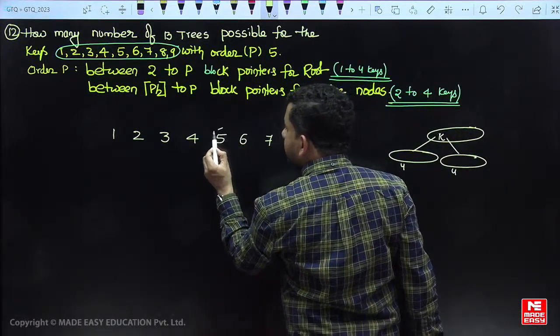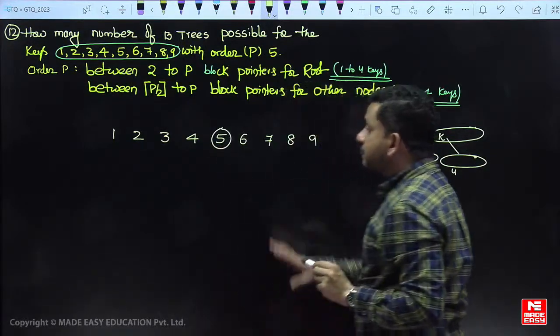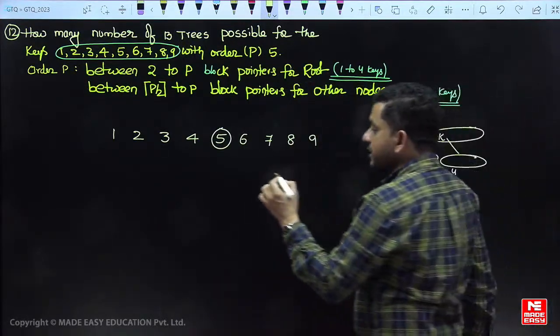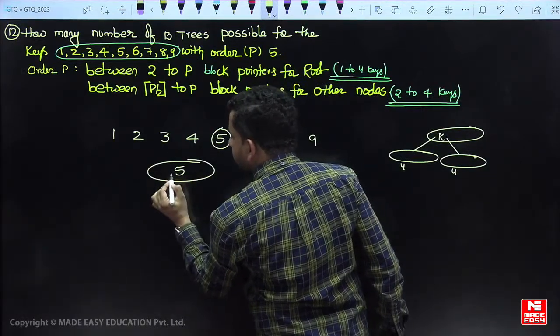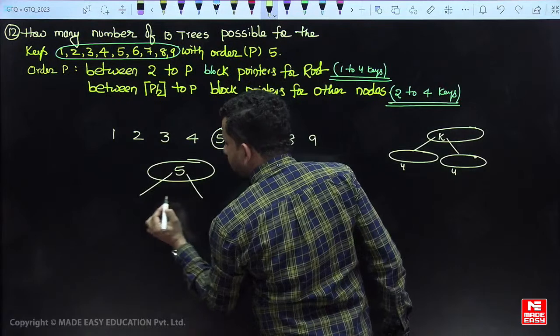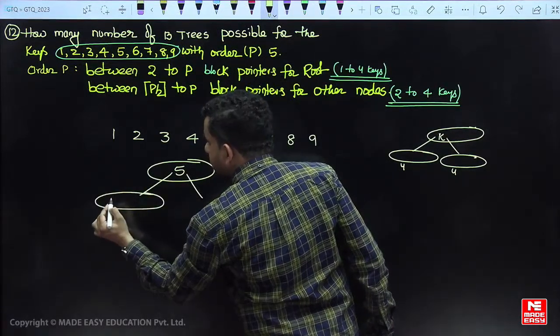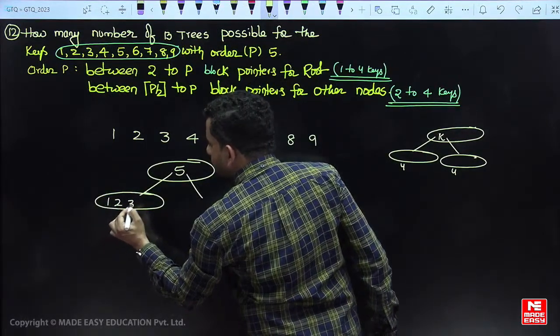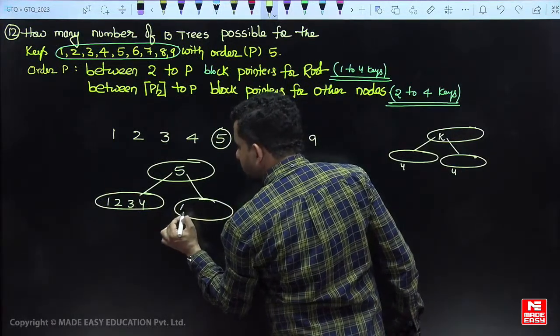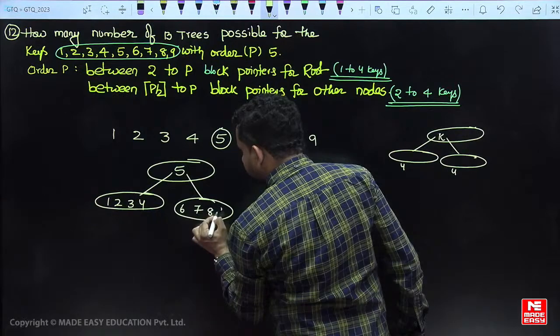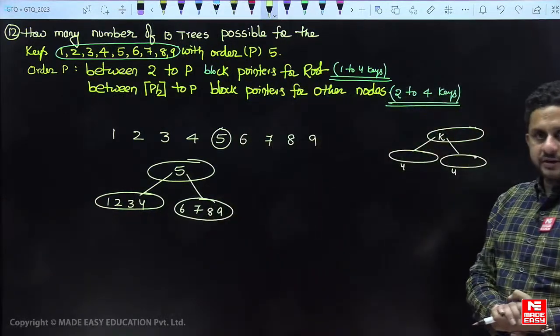It means if I take 5 as the root, it is one possible tree. 5 is the root and the left subtree has a maximum of 4 keys, 1 2 3 4, and the right subtree a maximum of 4 keys, 6 7 8 9. It is one possibility of tree.